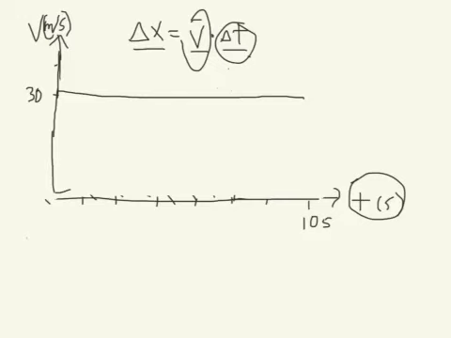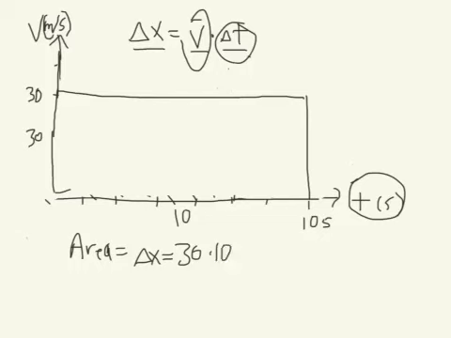Well, how far did you travel is just asking your displacement over those 10 seconds. So we know that if we're just given a graph like this, we could just find the area under that graph. And this is just a rectangle. One side is 30, another side is 10. So we can do the area equals the displacement equals 300 meters.